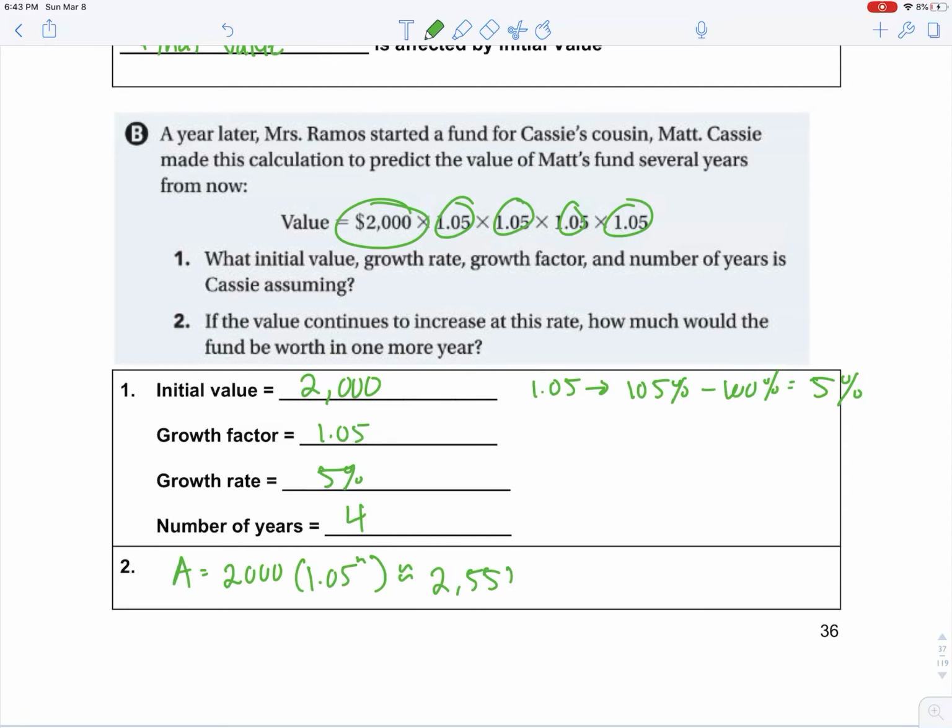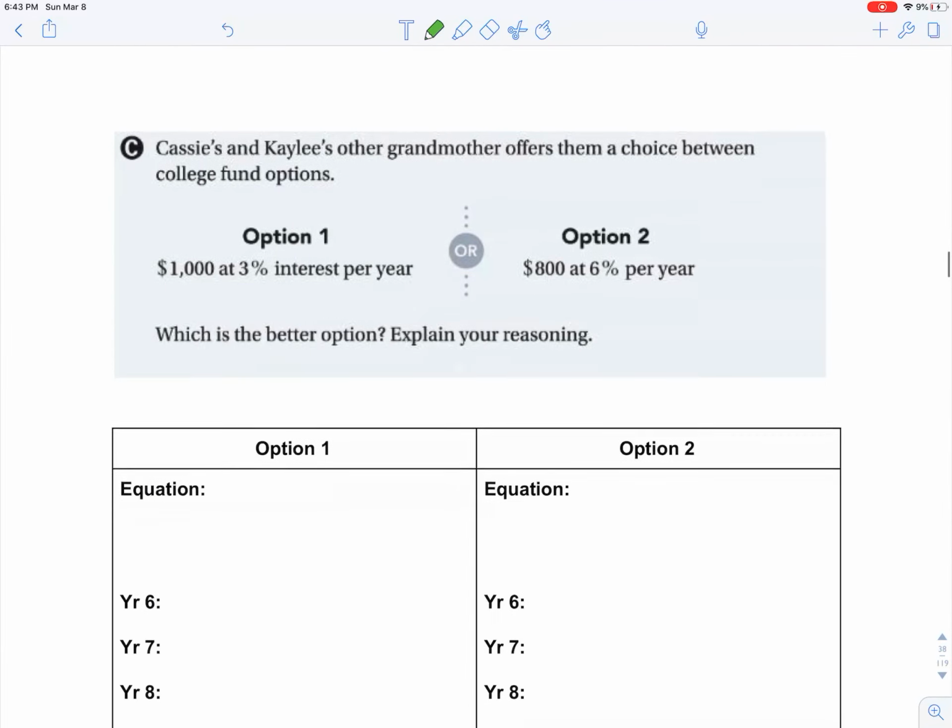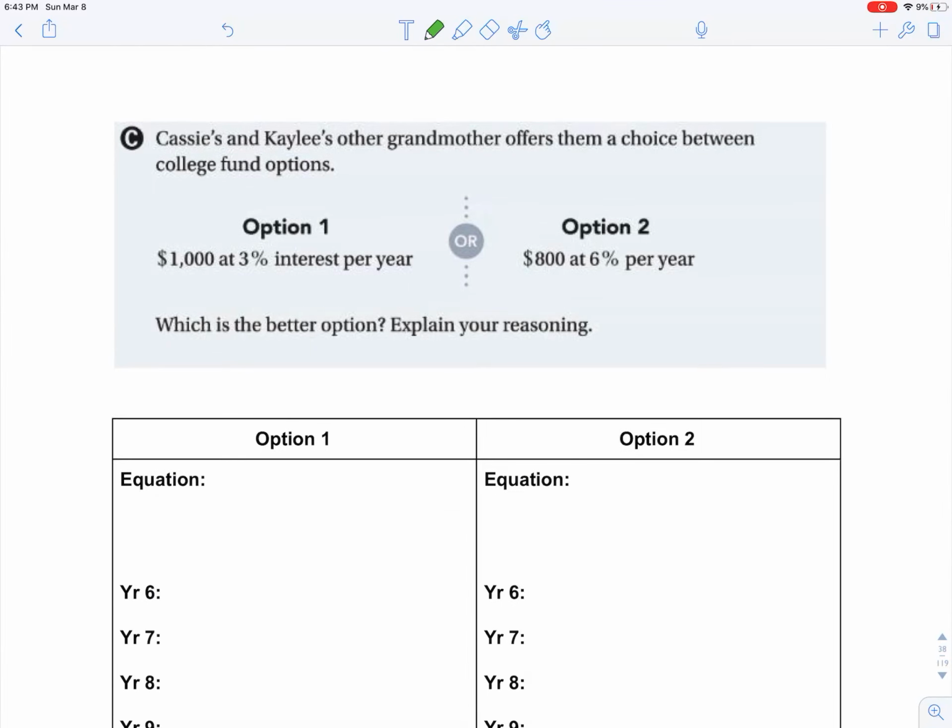So we're at approximately $2,552.56. Let me double check my work here. So 2,000 times 1.05 times another 1.05 times another 1.05 times another 1.05 times one more 1.05, and I get the same answer. All right, perfect.